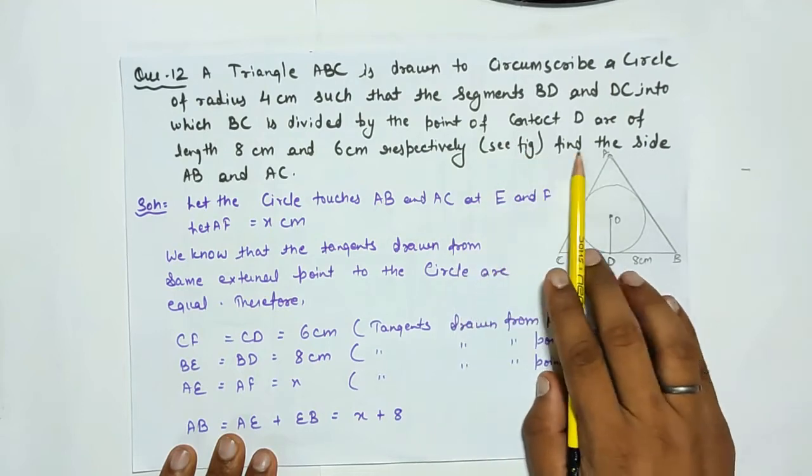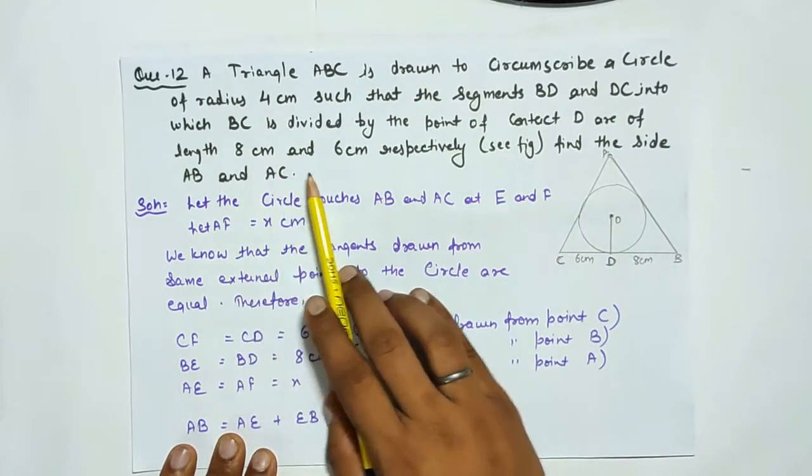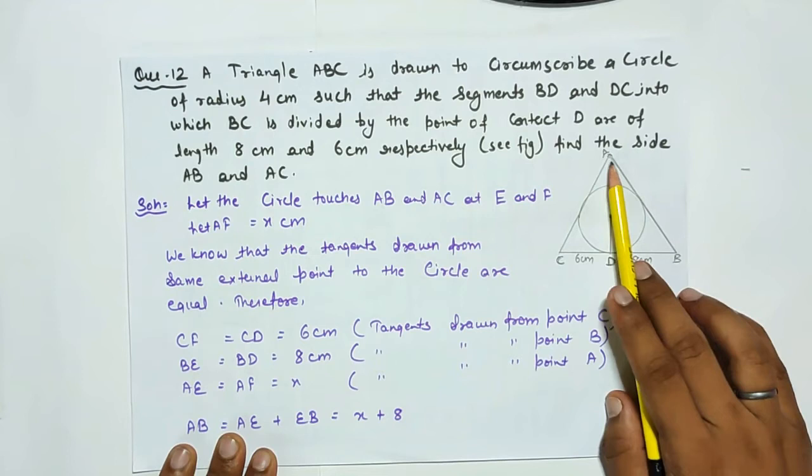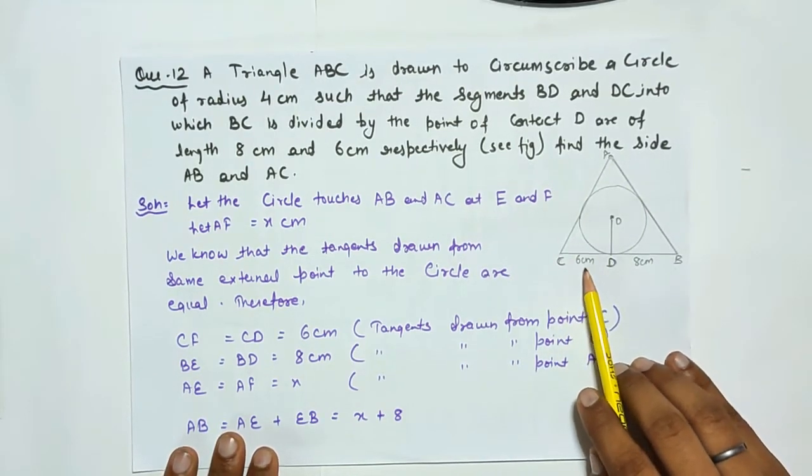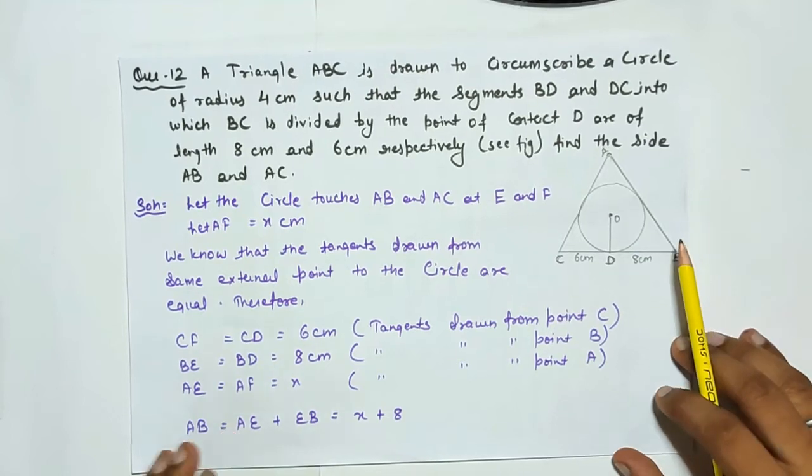See figure. Find the sides AB and AC. It's given that the lengths are 8 cm and 6 cm.